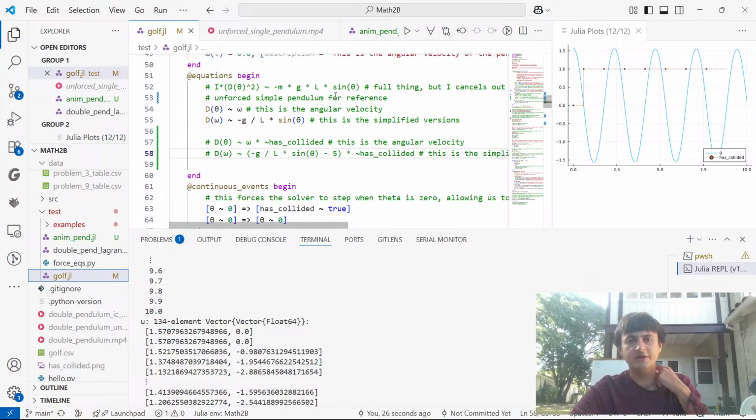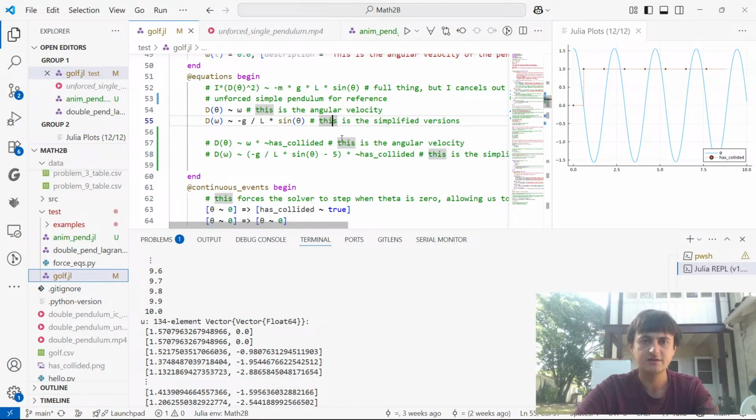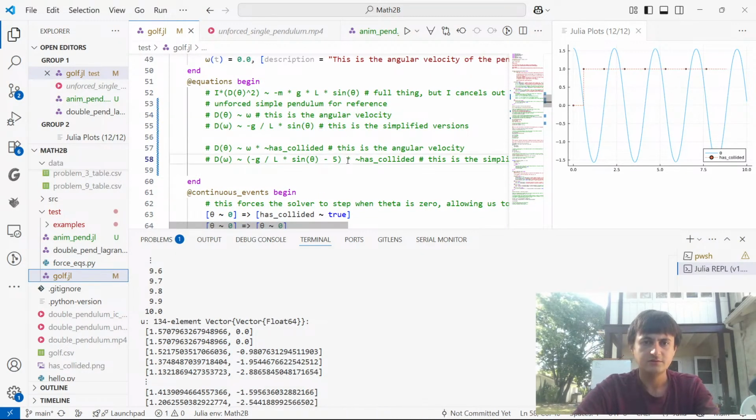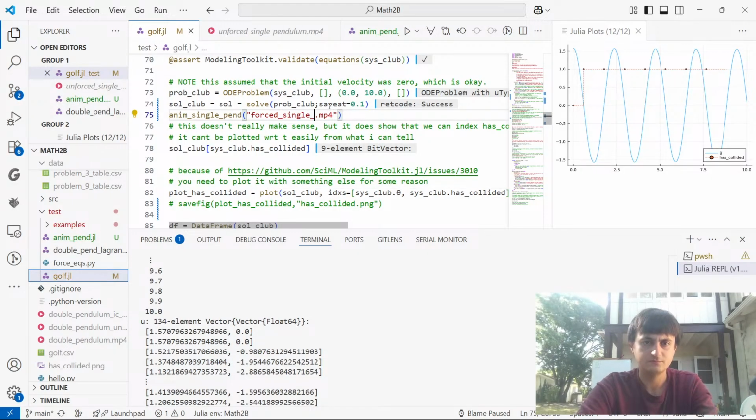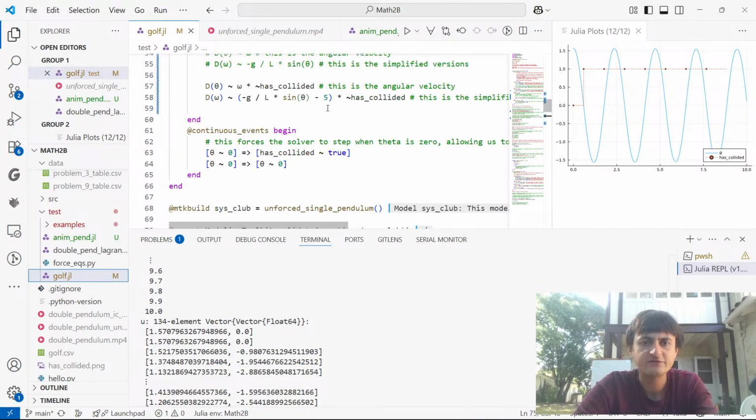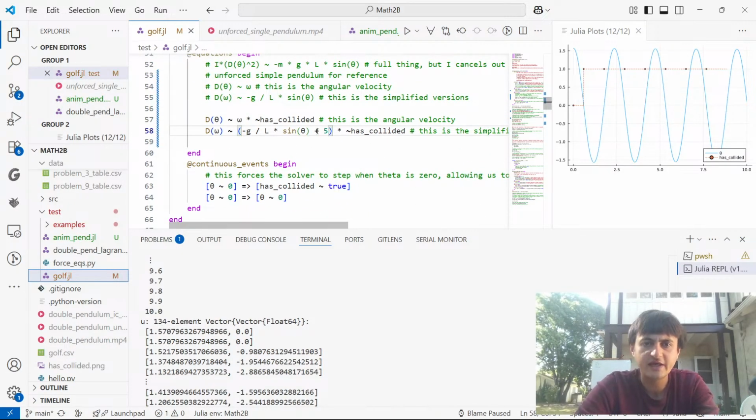So hopefully what I expect to see here is, we're going to do a plus 5 just to make sure, really I'm just trying to get my bearings.